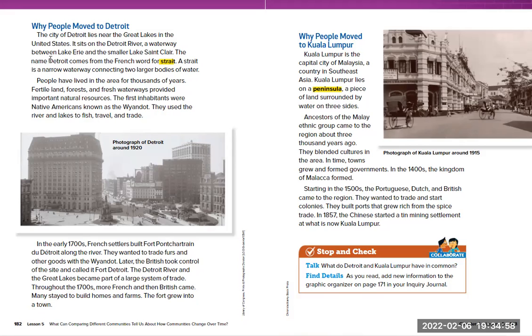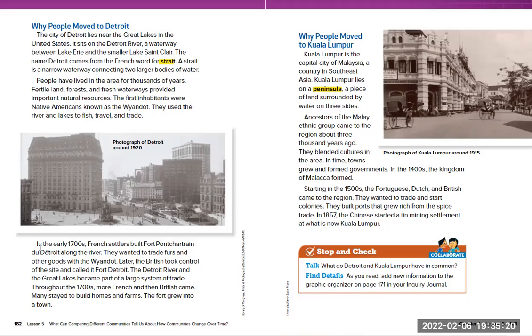So this is maybe a detail that I would put. Detroit comes from the French word for strait. And then I would put that it had Native Americans living there for thousands of years before, and it was used for its rivers and lakes to fish, travel, and trade.